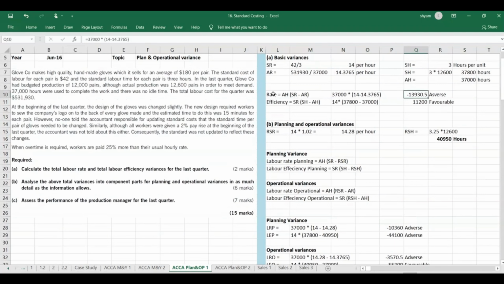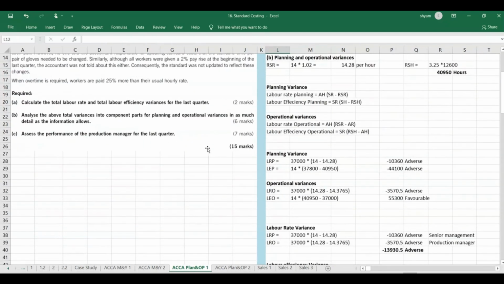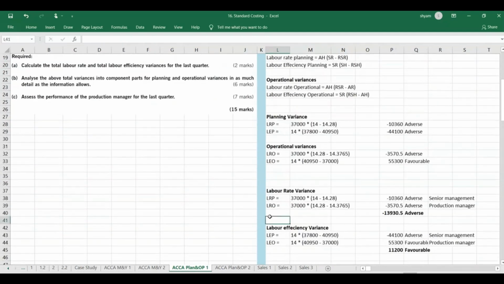See, you have already calculated the rate variance and efficiency variance. So this total that you get is nothing but the labor rate variance total, and this one is the labor efficiency variance total. So the labor rate planning and operational is just a bifurcation of the labor rate variance, and labor efficiency variance can be divided into planning and operational. We are just trying to find out who is responsible for what.